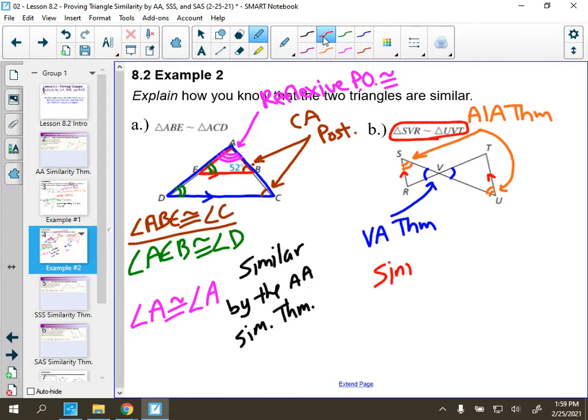It's the exact same: similar by the AA similarity theorem. All right, so a couple of good looks for us. It's good to review some of that, as far as the reflexive property of congruence. We've used these a little bit even in some of the current chapters.